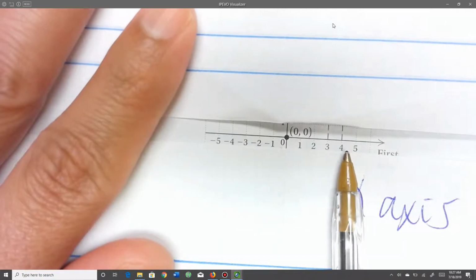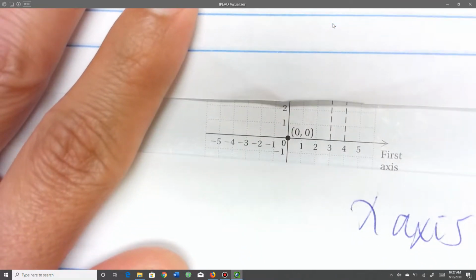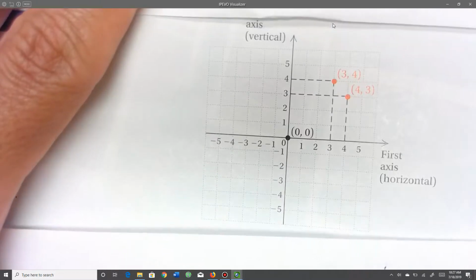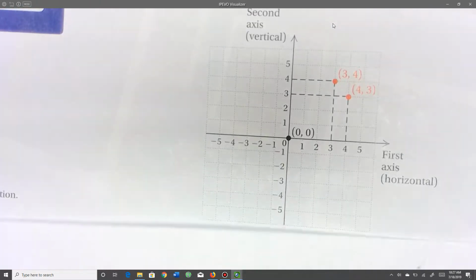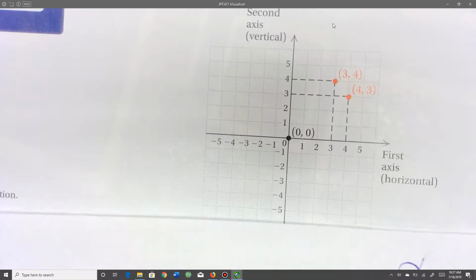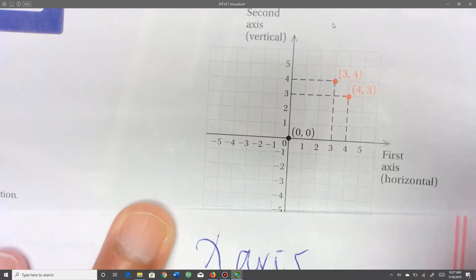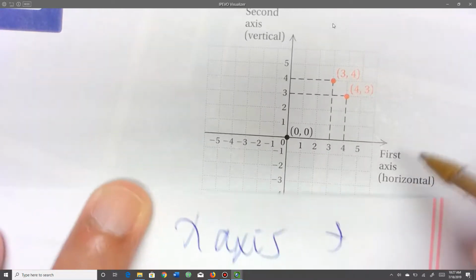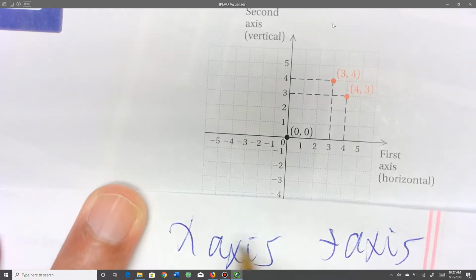Positive values are to the right, negative values are to the left, and we are going to add just one more axis to the number line, and it's going to be a vertical axis, and the name of it is the y-axis, and you need to know that. You need to know these two terms.